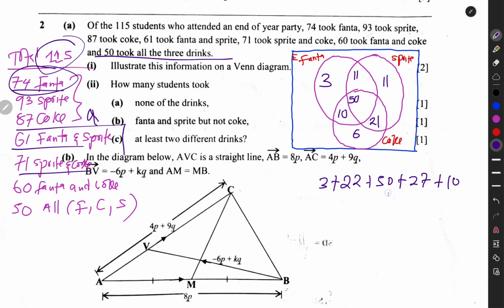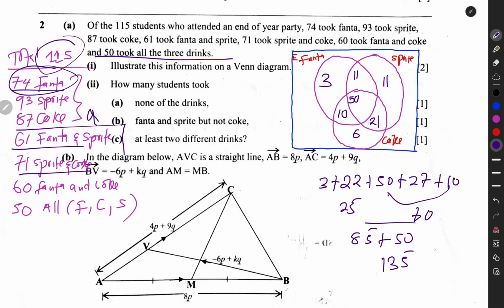What are we able to find? This is 60, this is 25, so we have 85. 85 plus 50, we should find 135. Is it 135? Yes, 135.